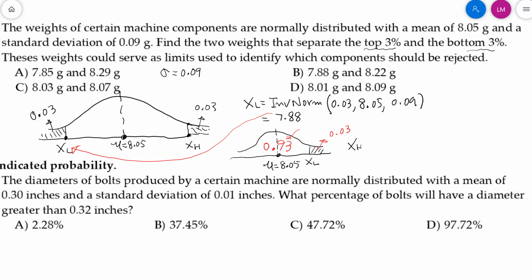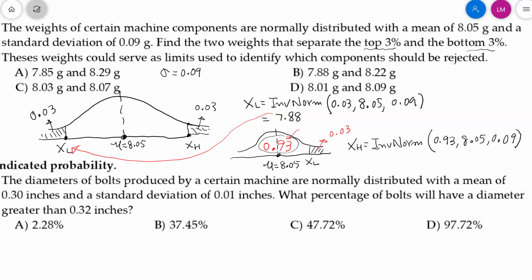XH is inverse norm, and now not 0.03, you put 0.93, comma, 8.05, comma, 0.09.